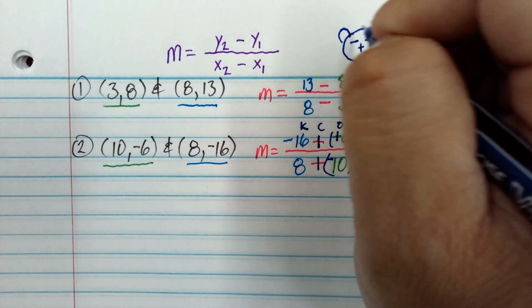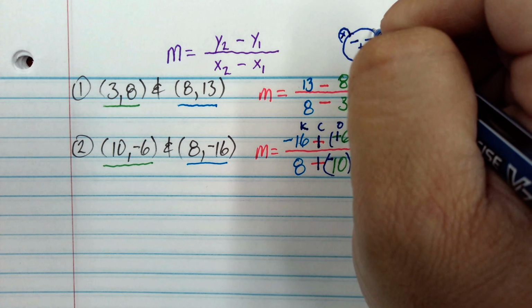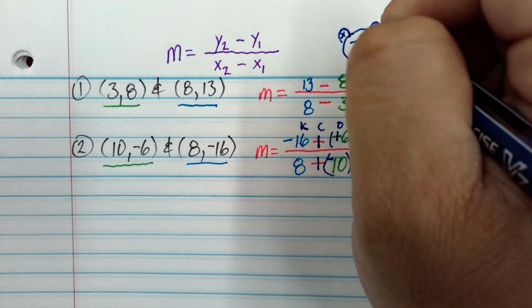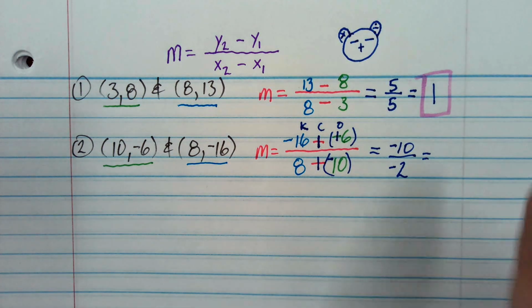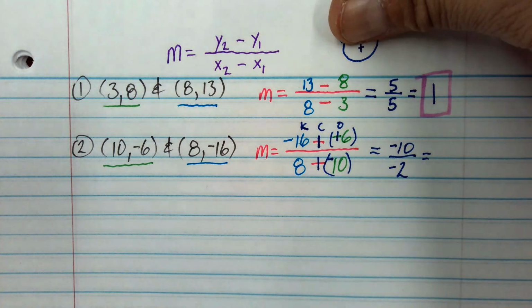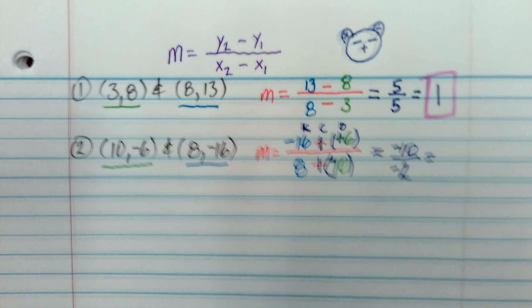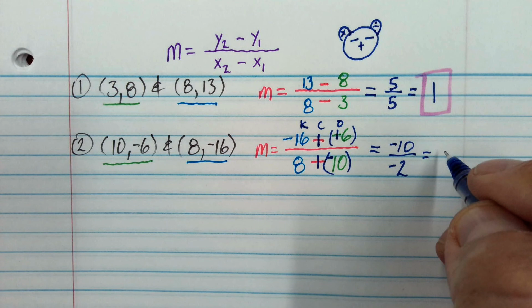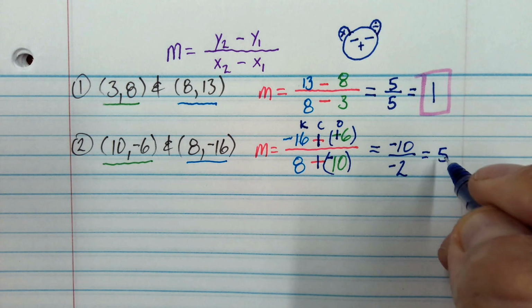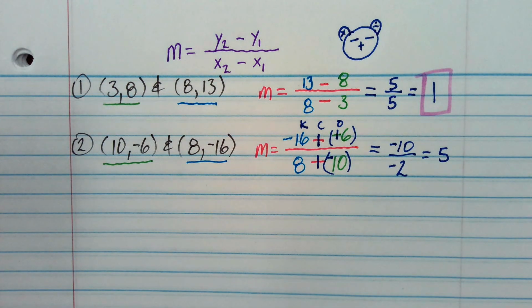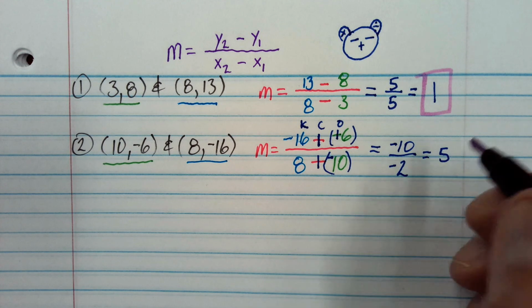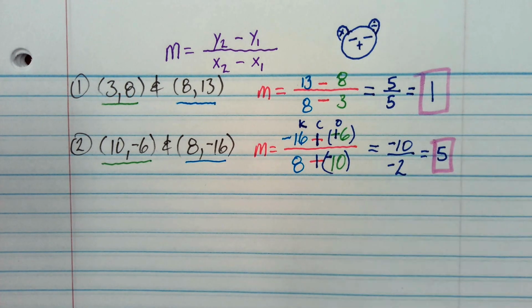If we're multiplying or dividing, whenever you divide two of the same sign, you get the positive. So that's going to give us positive 5. So we got a positive 5 in this one. So the slope is 5 or 5/1. We'll write it as 5. Okay.